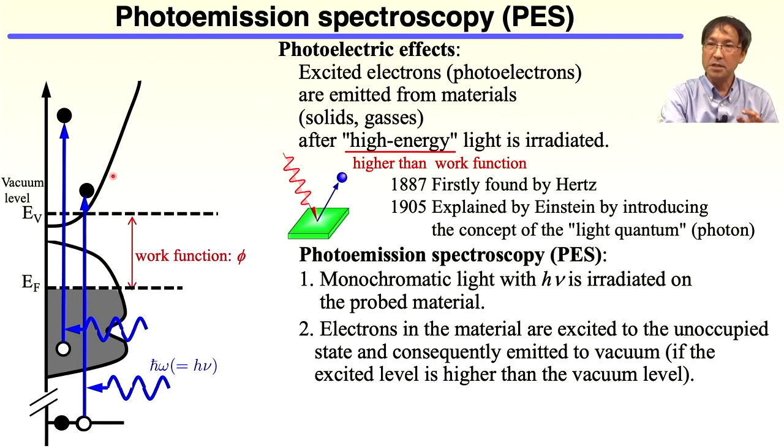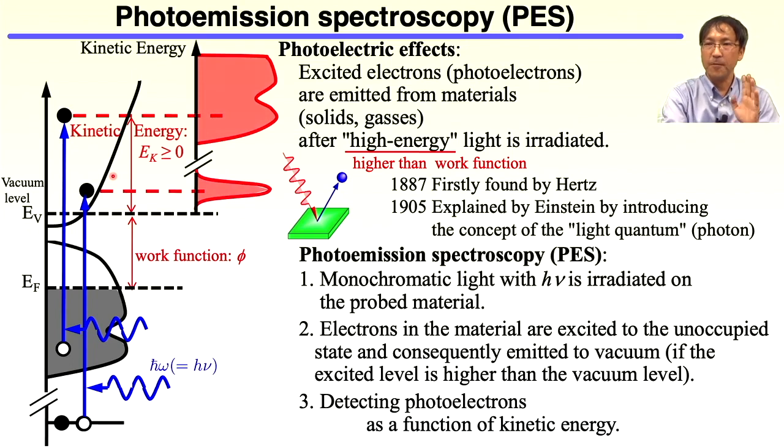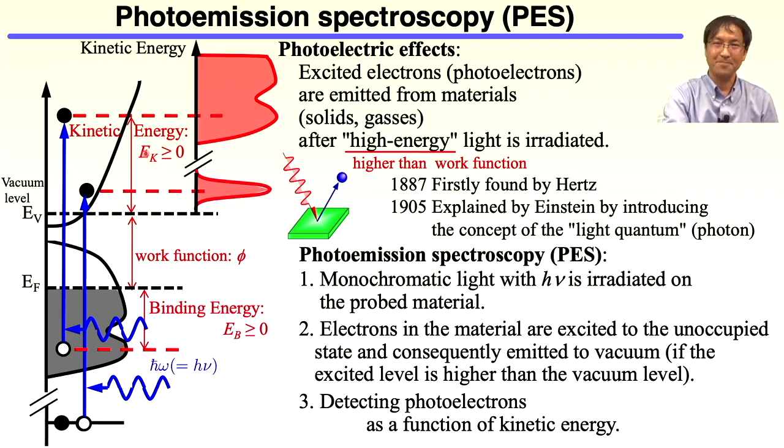The excited electrons are emitted into the vacuum and we detect these photoelectrons with the electron spectrometer, scanning the photoelectron kinetic energy directly. This view graph represents the energy diagram of the photoemission spectroscopy measurement.